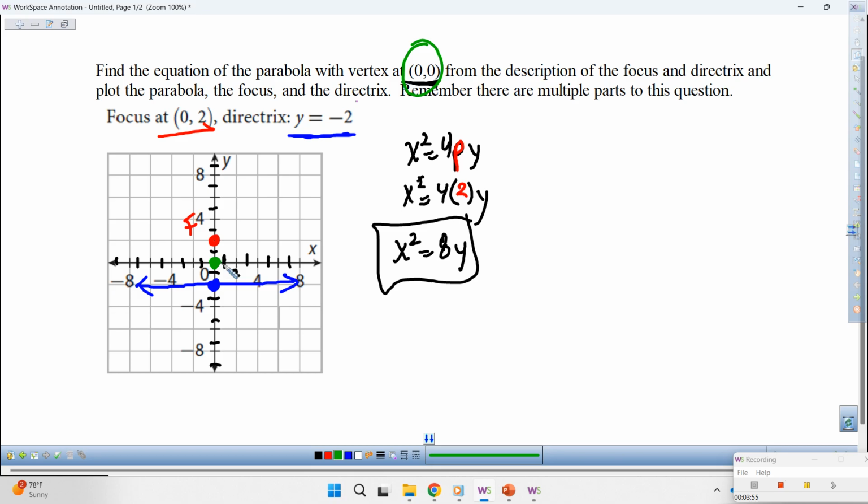And tell your neighbor which way that's going to open. Where's that going to open? Yeah, up. There it is. And once again, this was number 15 from the study guide. All right, let's go to number 14.